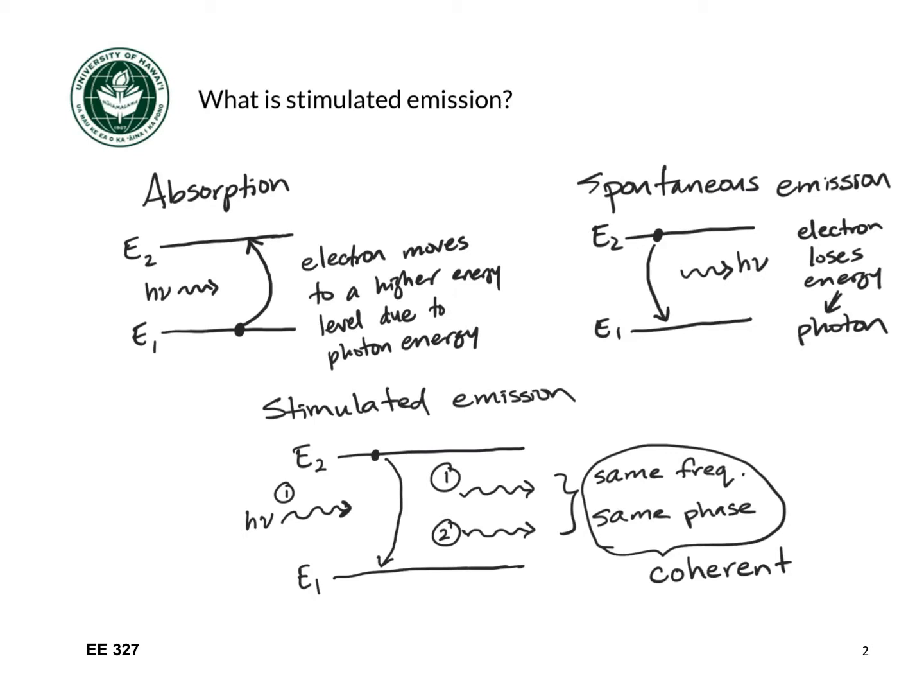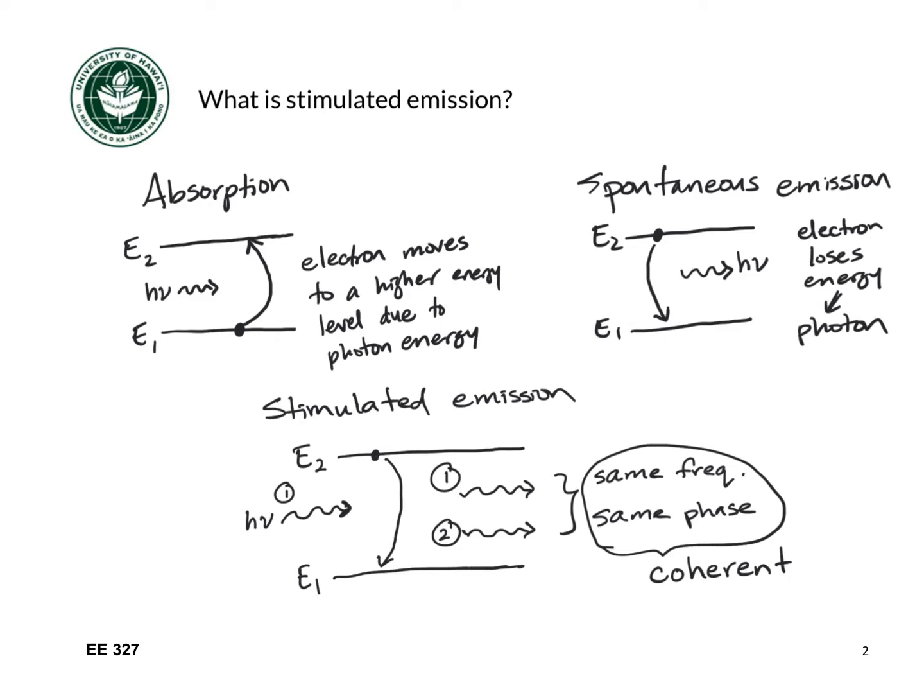And this stimulated emission process, then, is the way that you get lasers to have a very small spectrum. The full width half max is very small because all of the photons produced by stimulated emission are going to have the same frequency.